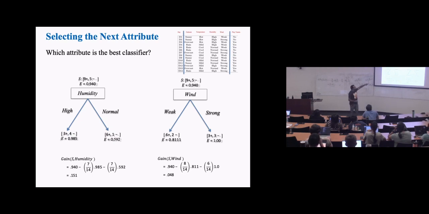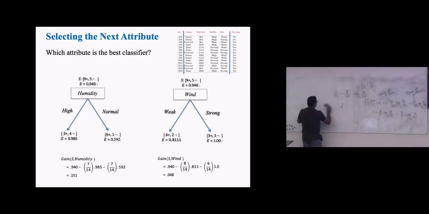For example, humidity. If you split based on this, you have high, you have normal. So for the high one, you now split the data set. High is D1, D2, D3, D4, all of them.